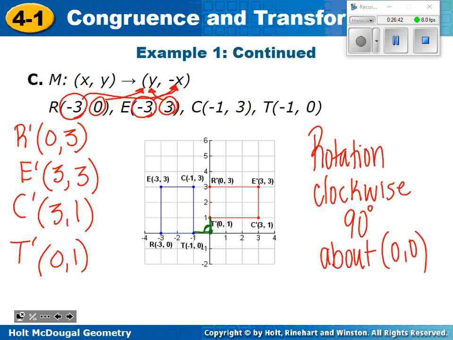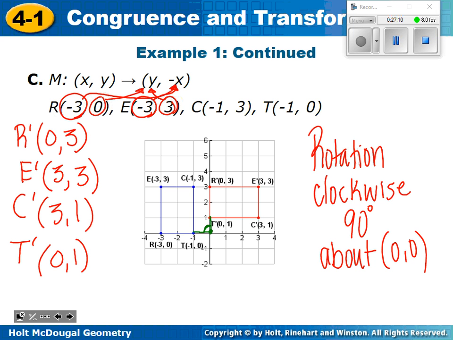Okay, let's look and see what happens when we go one more time, 270. So a 270 clockwise should be the same as what? 90 counter, right? So let's see if we get the same thing if we do this one more time. So 270 degrees, X, Y, arrow. If you're going 270, that means you switched it once, you switched it twice, and now you're going to switch it one more time.